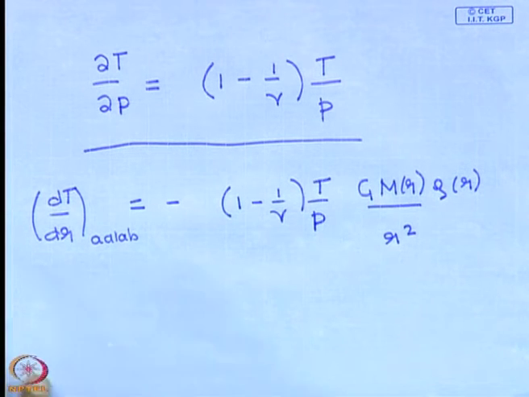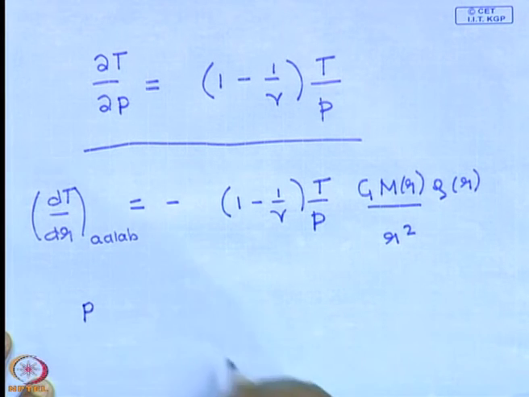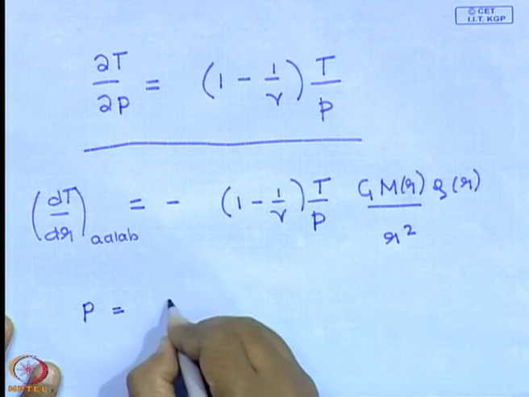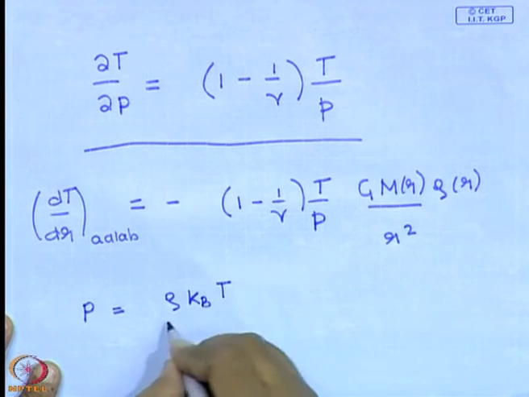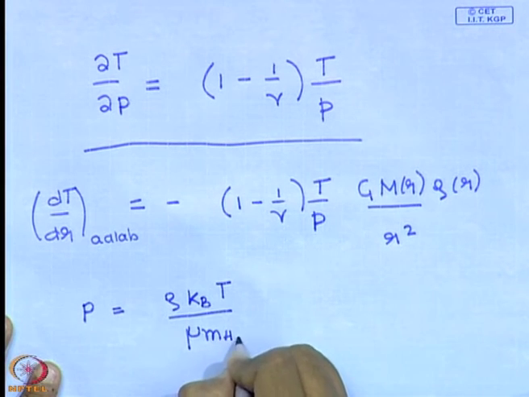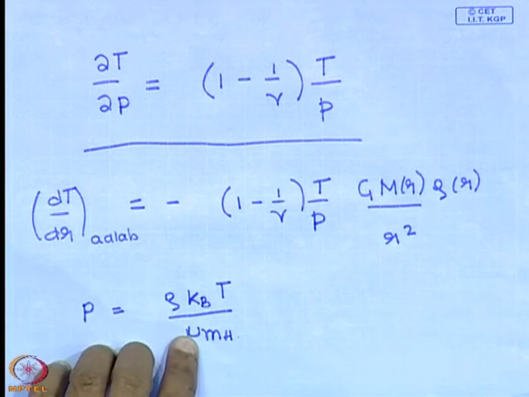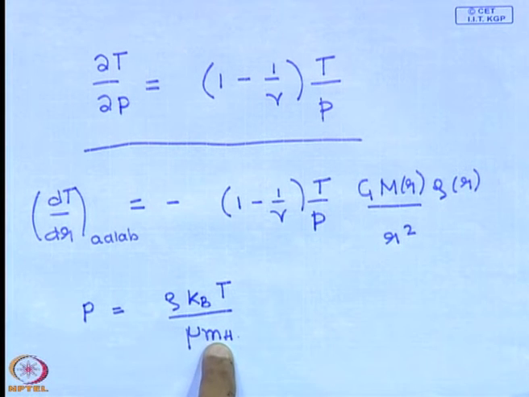Okay. And we also know that P is equal to rho k_B T divided by the average atomic weight, mu times the mass of one hydrogen atom.